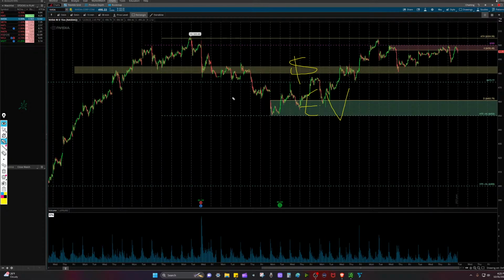Everything will be taken into consideration. Even if it's up, but the economic event or overall stock is declining, then this would immediately be a low probability setup to me.